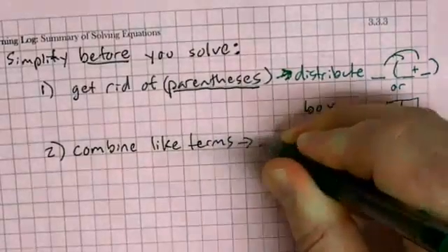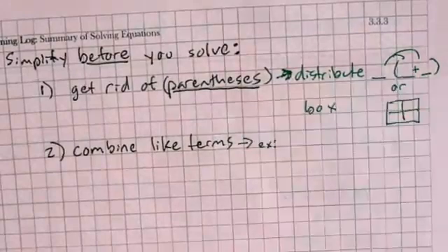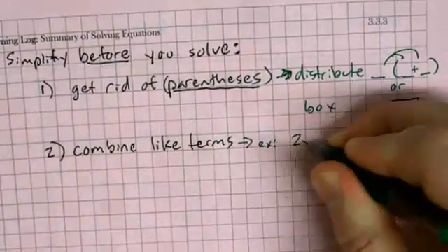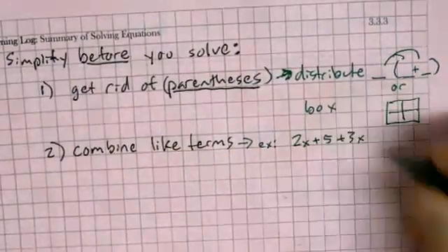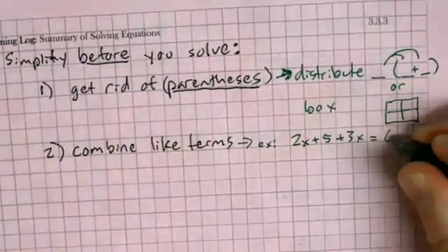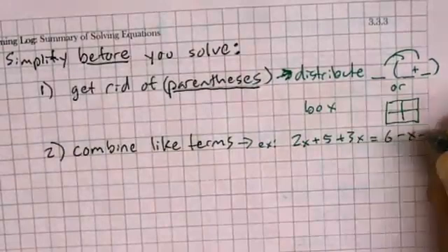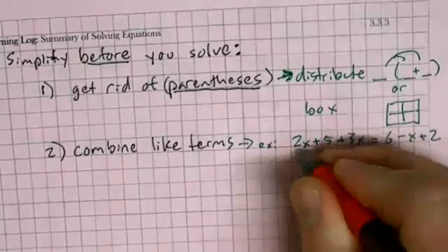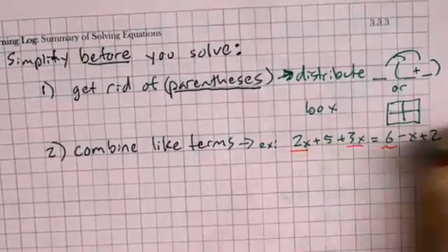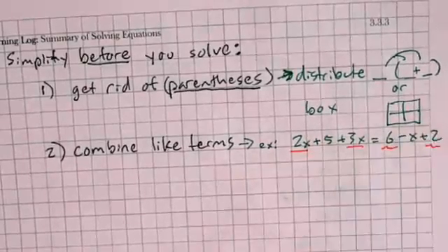So, for example, if you had 2x plus 5 plus 3x equals 6 minus x plus 2. You've got like terms here and here that you can put together, and you've got like terms here and here that you can put together. You would want to do that.